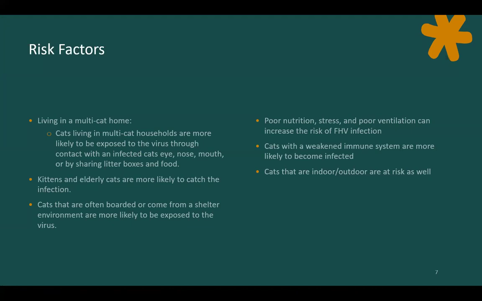Kittens and older cats are more likely to catch the infection. Cats that are often boarded or come from a shelter environment are more likely to be exposed to the virus. Poor nutrition, stress, and poor ventilation can increase the risk of FHV infection. Cats with a weakened immune system are more likely to become infected, and cats that are indoor-outdoor are at risk as well.